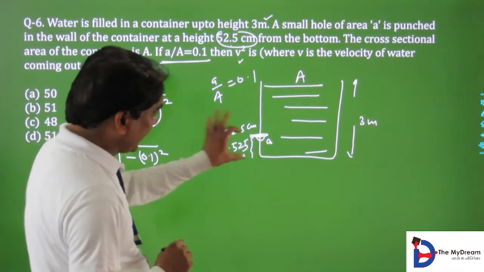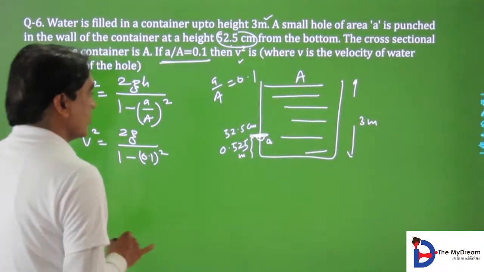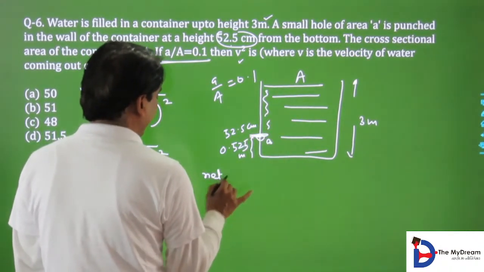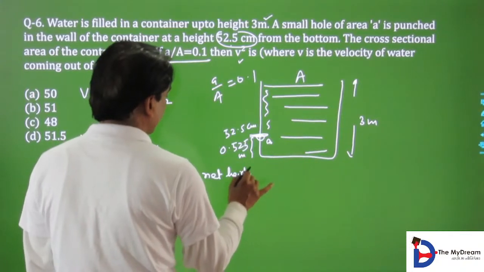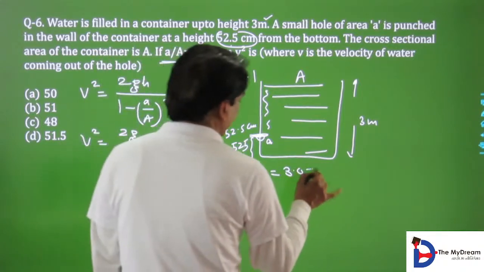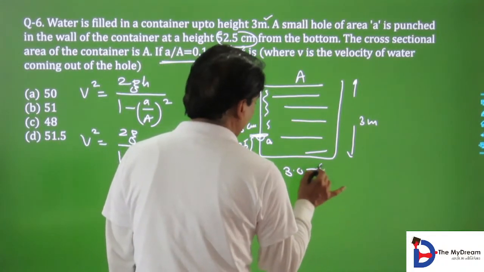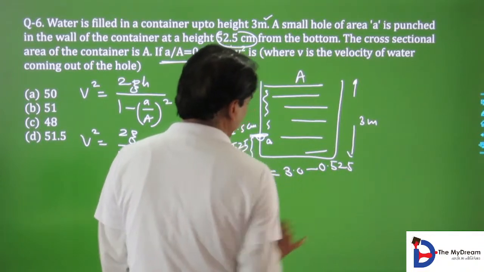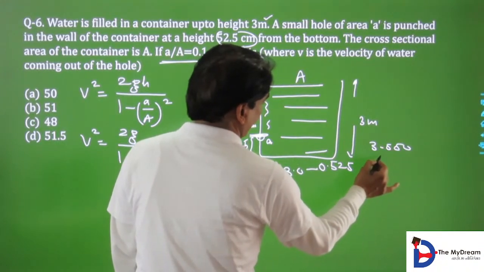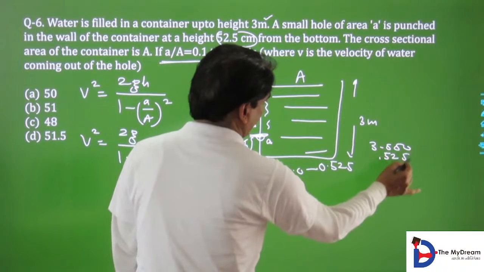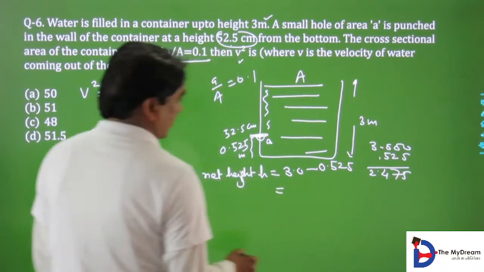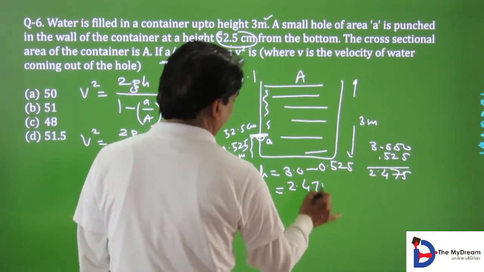Height, will we take this one? No. The net height is h, that is 3.0 minus 0.525, which is 2.475.